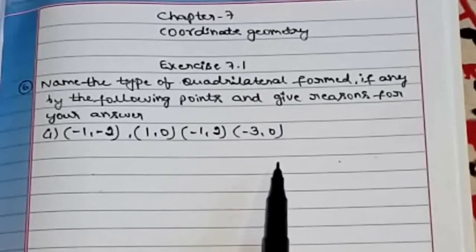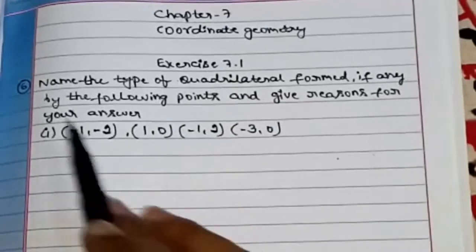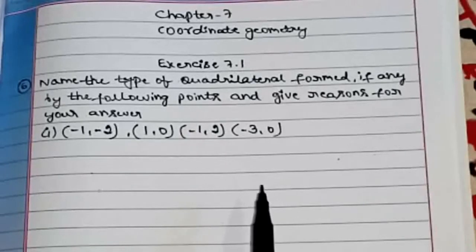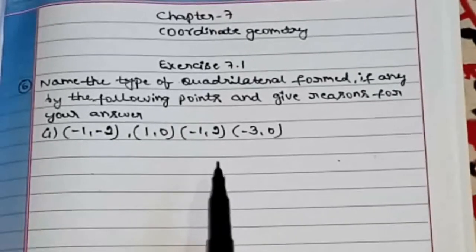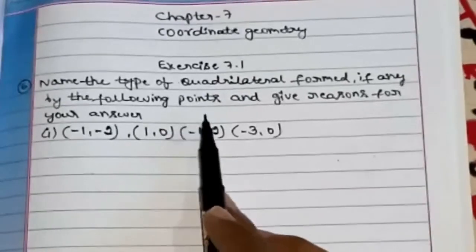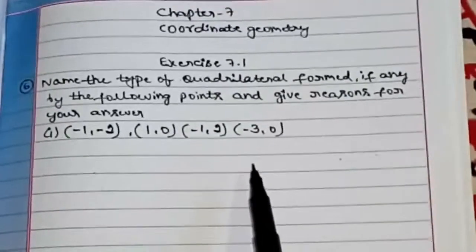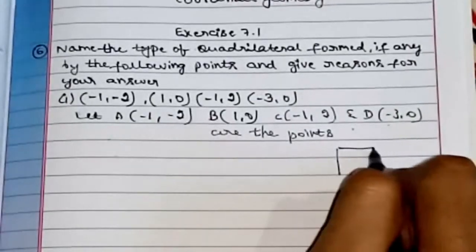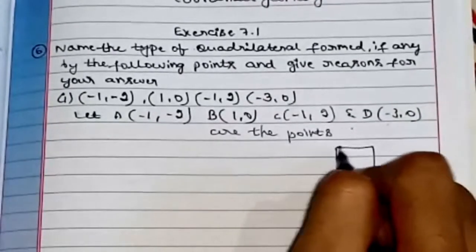The same steps you applied in the fifth problem, you need to apply here also, and you can check which type of quadrilateral it is. For example, I'm just writing the figure.